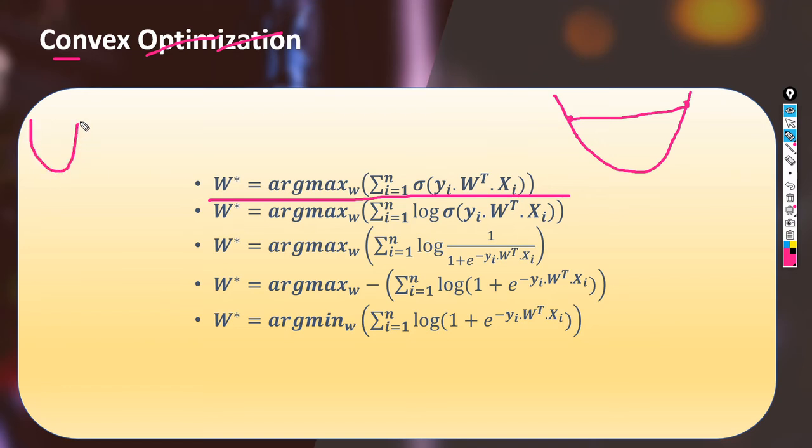Now if the curve is like that, this is non-convex, because there are some points you can connect with a straight line and it won't be outside of the function. But there are some points, say this point and this point, where connecting them with a straight line goes outside of the original function. So this is how you can understand that this is a non-convex function.